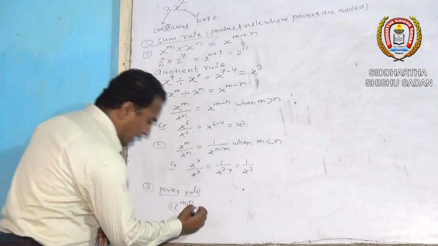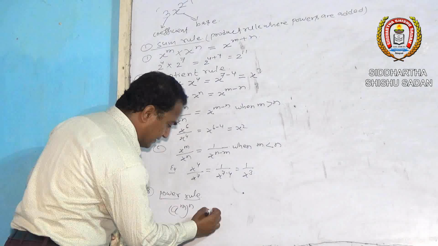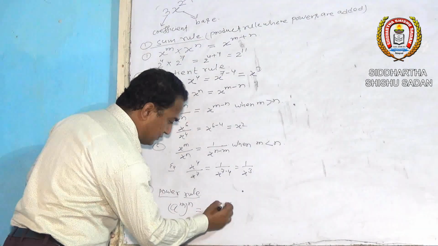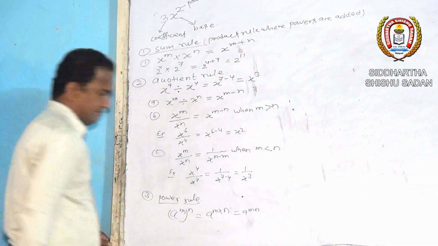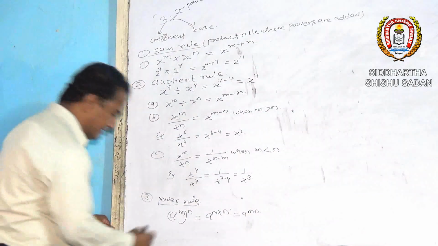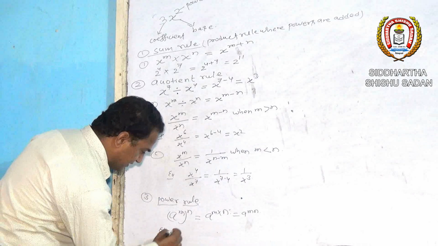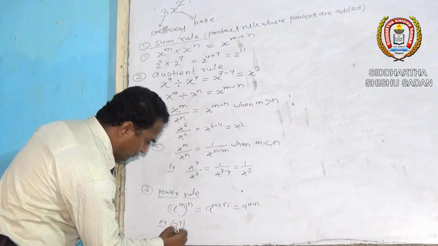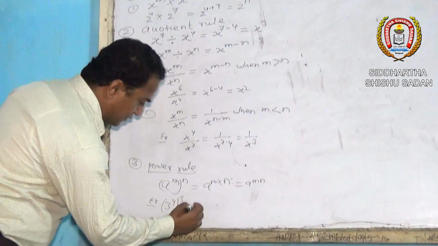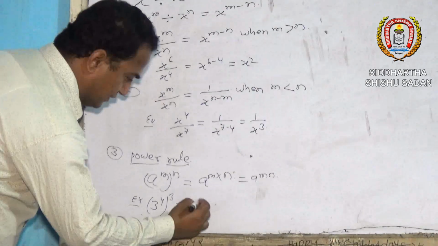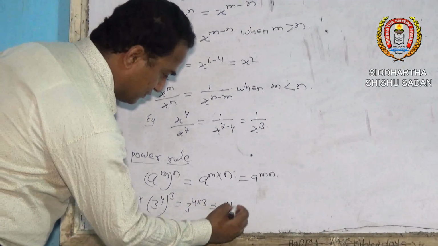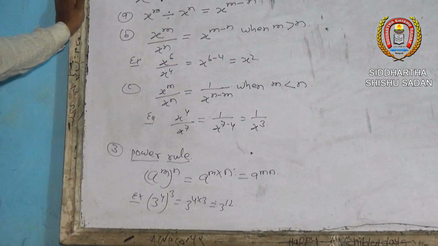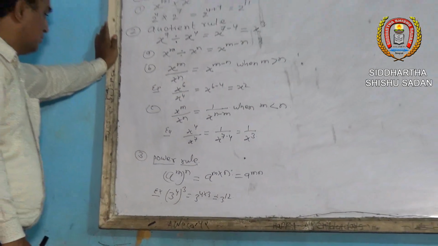That's why the powers should be multiplied over here. A to the power m into n, that is a to the power mn. Look here, example 3 to the power 4 whole to the power 3 is equal to 3 to the power 4 into 3, it means 3 to the power 12. This is the power rule.